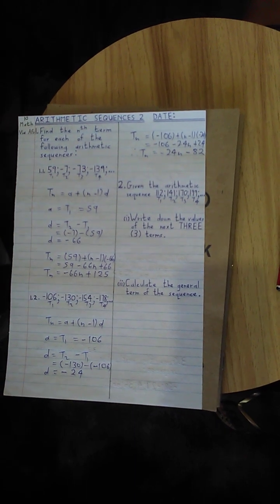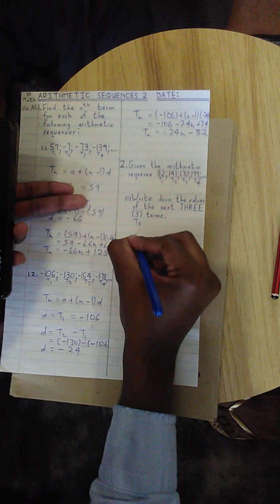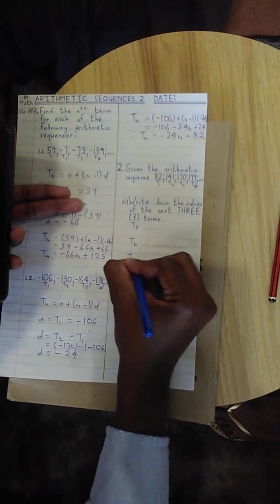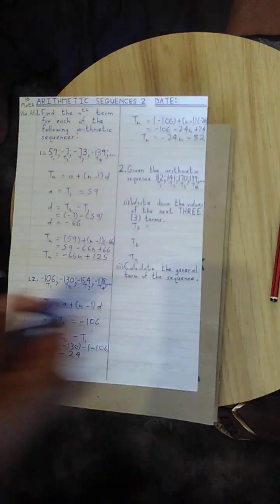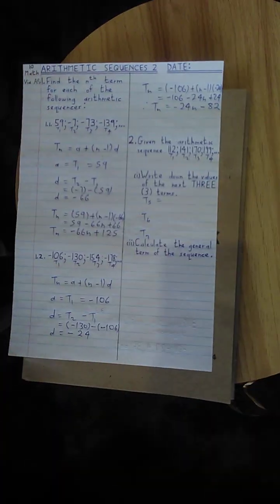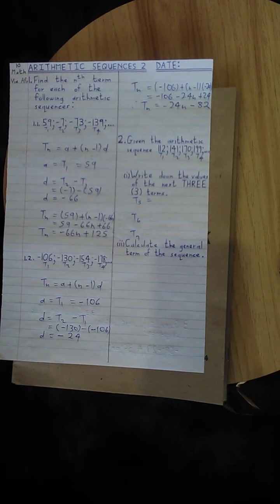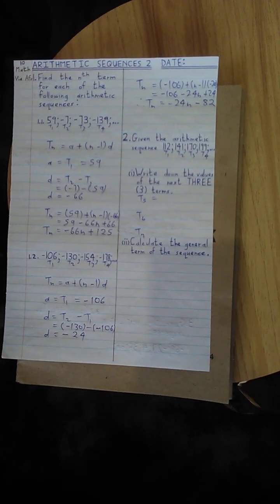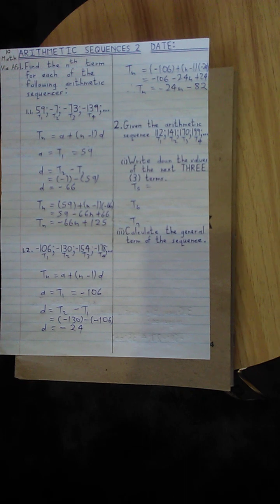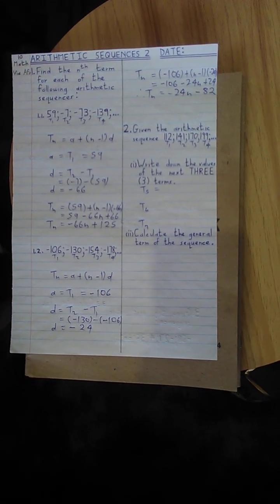So we need T5, T6, and then T7. So we need to find the general rule. The general rule is T2 minus T1. T2 is 141 minus T1, which is 112. So we add 29 to the previous term.